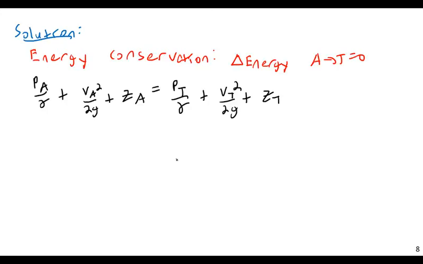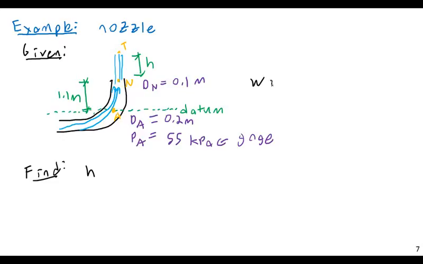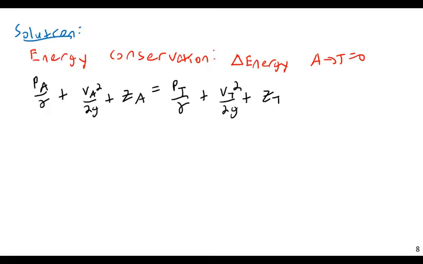Now, I can start plugging in some things I know. And actually, in my given, I'm going to put water. Sorry about that. I just want to make sure everything is nice and labeled.